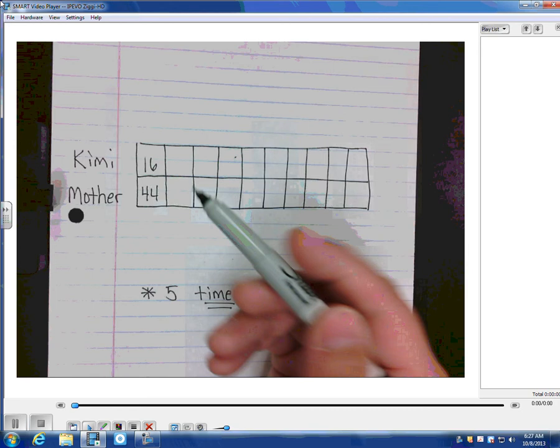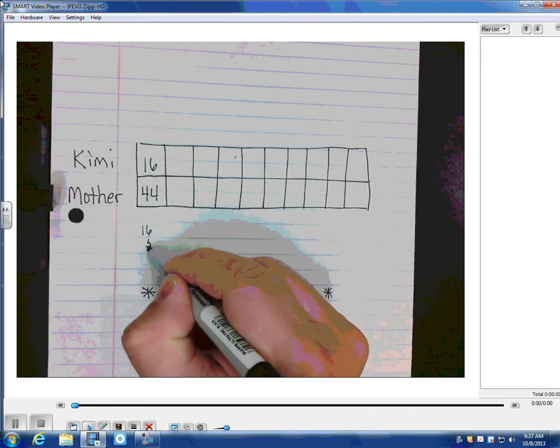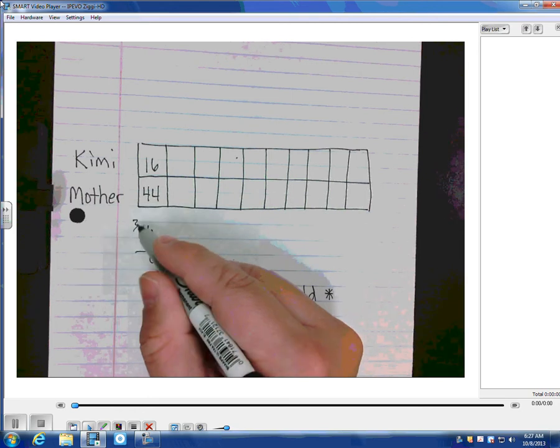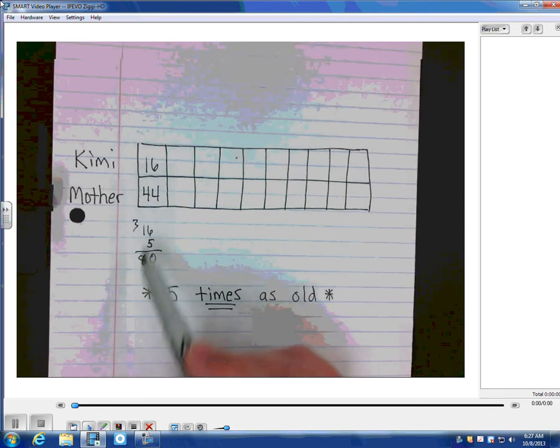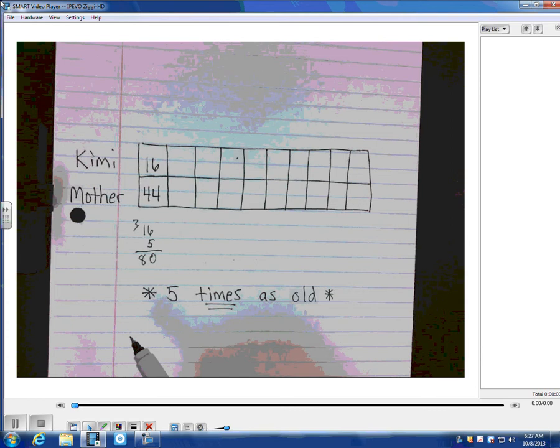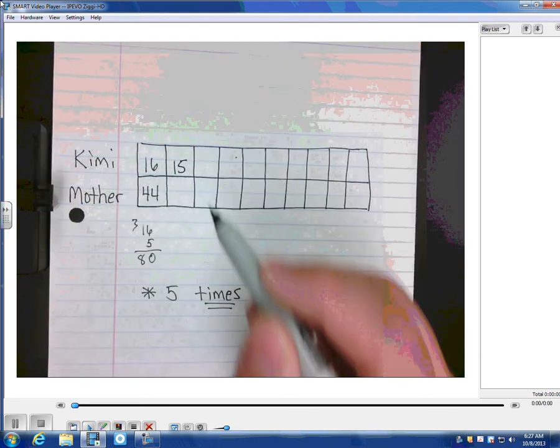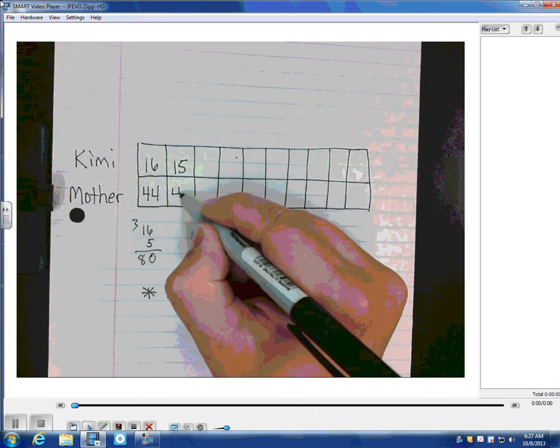For example, if I multiplied 16 times 5 in this set right here, it would be 80 years old. So that's not going to work at all. I'm just going to decrease each time. When she was 15 years old, the mother was 43 years old.